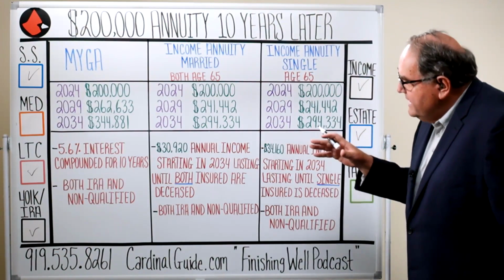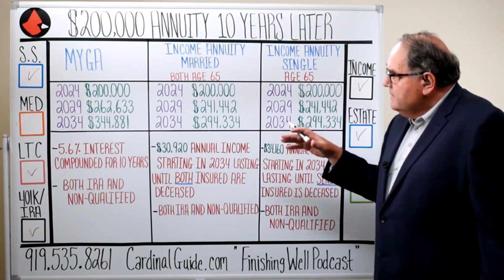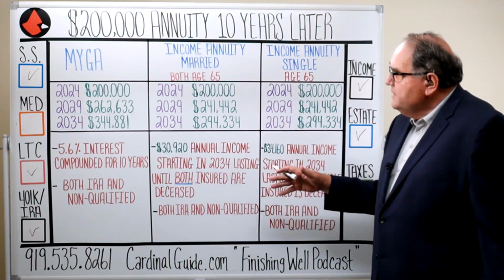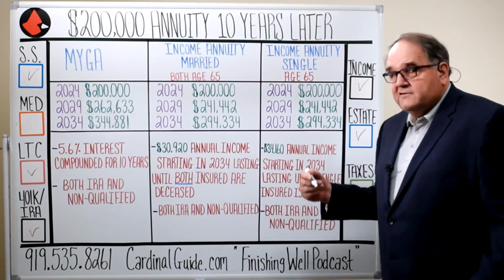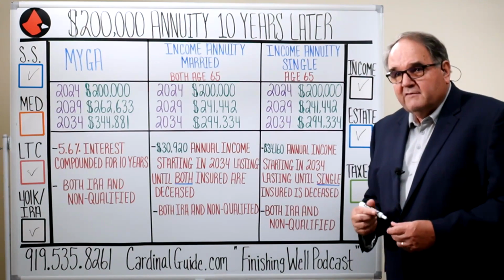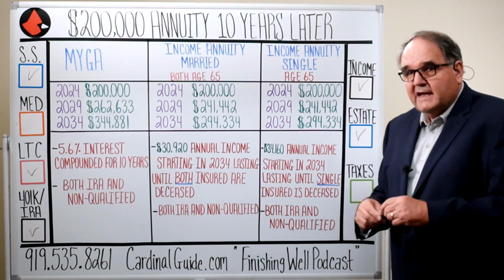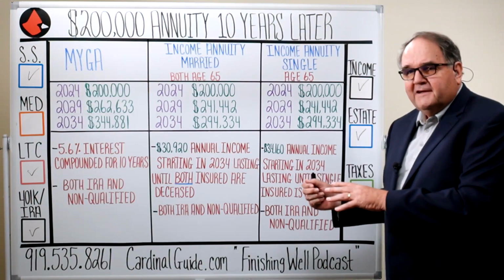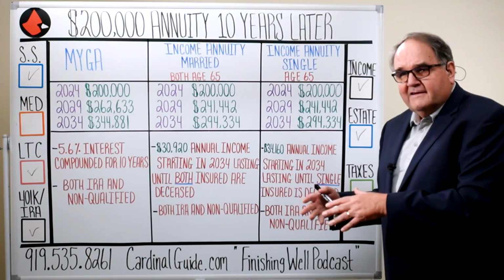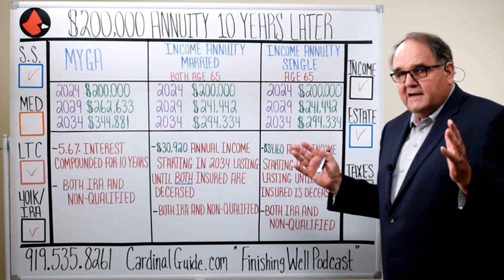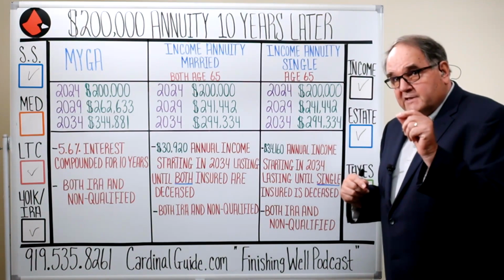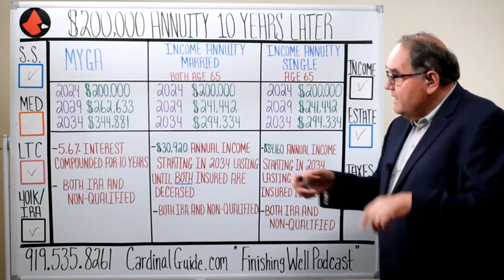If you were to die prematurely while these things are in their accumulation period, the cash value is just going to be paid out to the beneficiaries. So a lot of people ask that. I don't want to put all my money in an annuity, and then if I die, all that principal's gone. No, that's not how it works. Some annuities, that's how it works, but not with either of these.